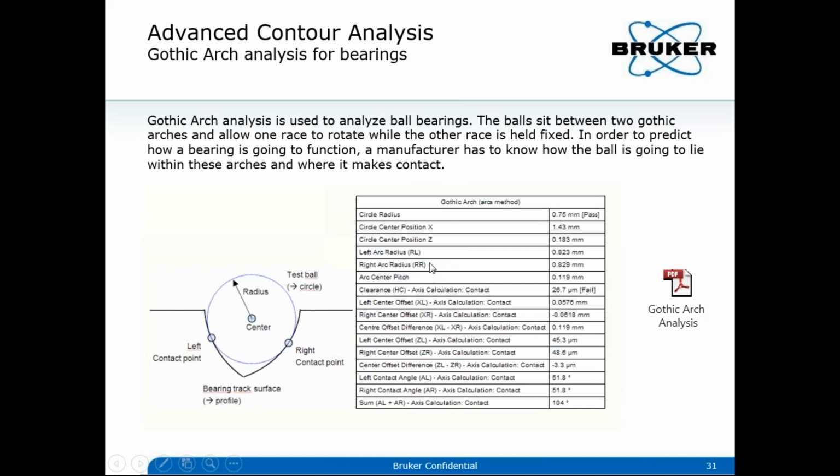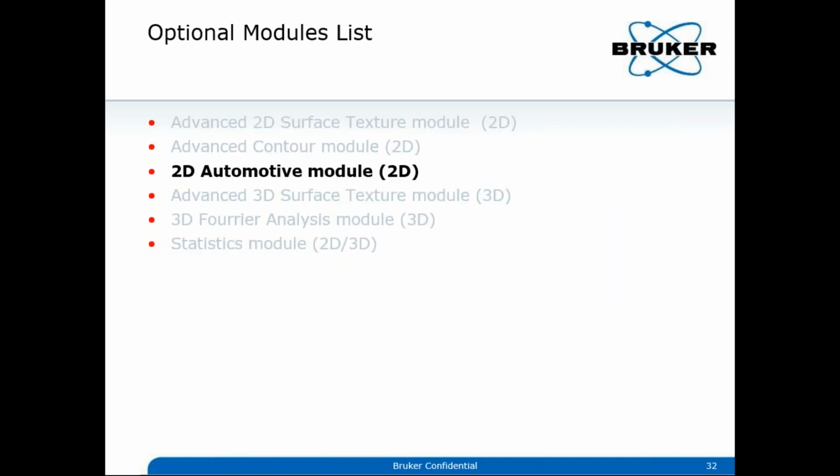If you are in a specific industry, you will have different parameters that are only applicable to that industry, and this software contains all the parameters for the different industries. This is one of the analyses that only applies to a ball bearing, and should you need to analyze a ball bearing for these parameters, then you can get this advanced contour analysis module.